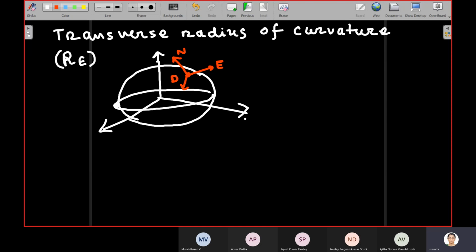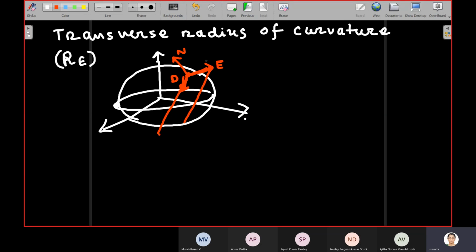Now we take a section of the ellipsoid by passing a plane through it, and the plane contains the east and the down axis. You just think of a plane containing the east and down axis, and it passes through the ellipsoid.